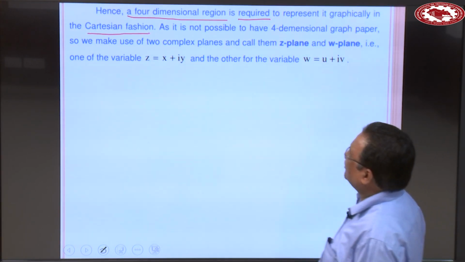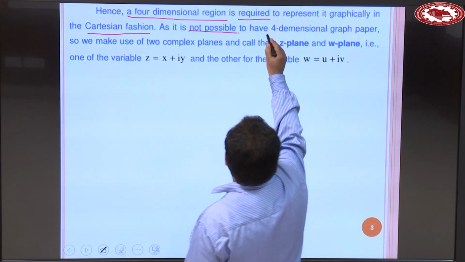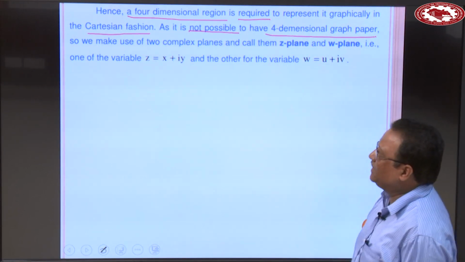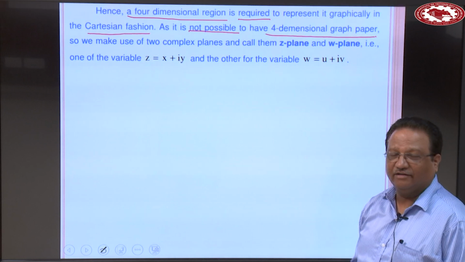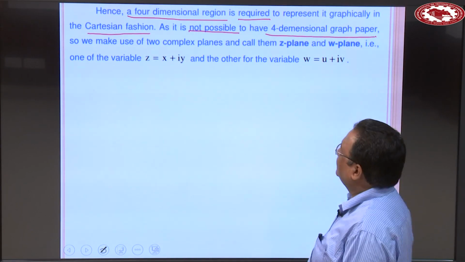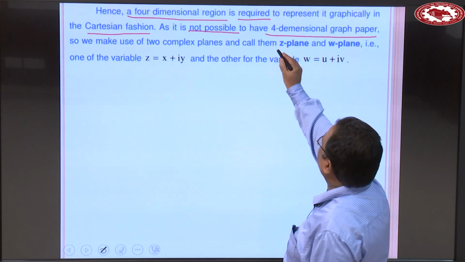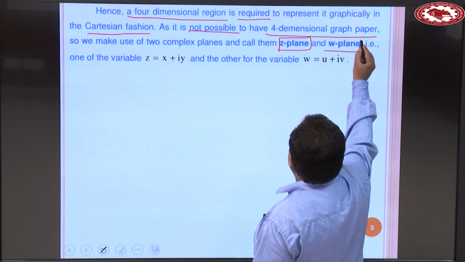As it is not possible to have a 4-dimensional graph paper, we make use of 2 complex planes and call them the z plane and the w plane.